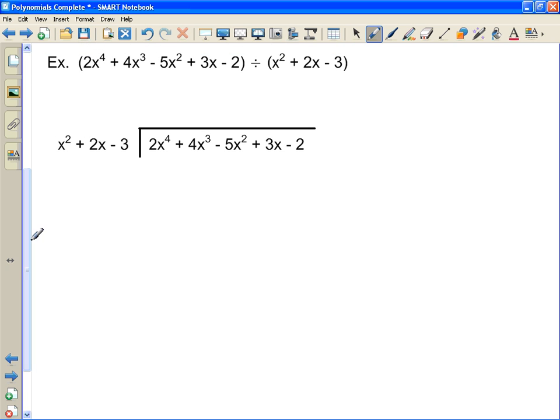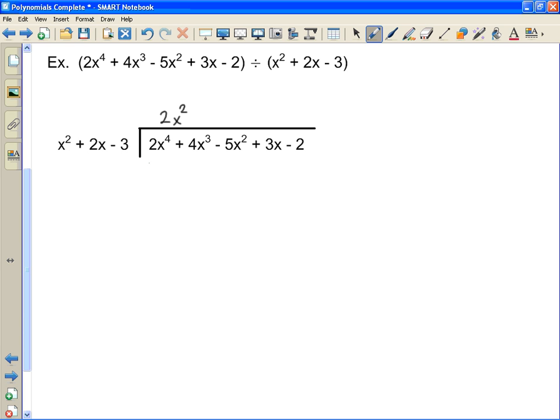Now you're going to ask yourself, what do I multiply this by so that I can, as closely as possible, match at least the first part of what's inside here? Well, if I want to match the first part of this, I'm going to multiply by 2x squared. Okay, so I'm going to multiply 2x squared by this whole polynomial here.